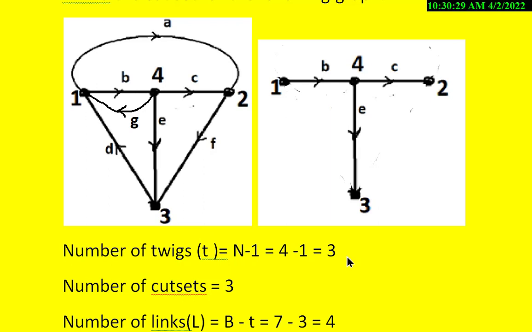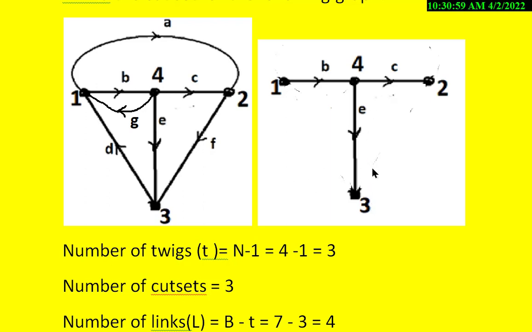That means we should have only 3 thick lines such that they connect all the nodes present in the main graph and they should not form a closed loop. So that is a tree. This is one of the trees where all the nodes are connected with the help of the twigs, and the number of twigs is fixed, that is totally 3.